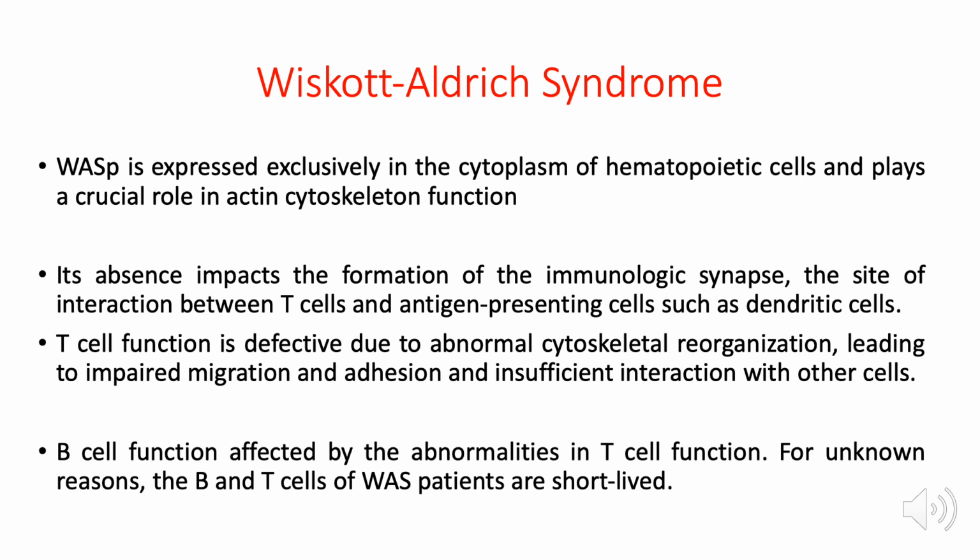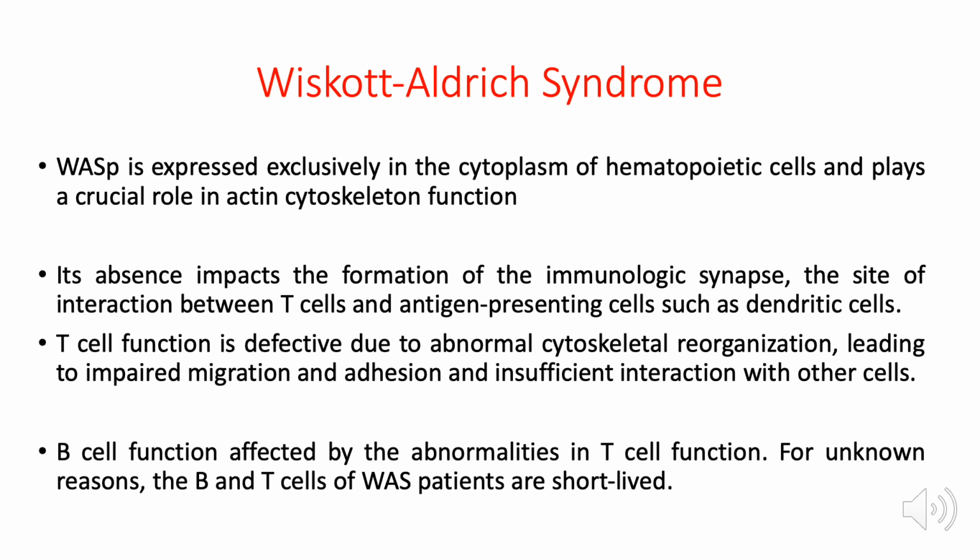Now, in individuals with this condition, their T cells have problems with organizing the actin cytoskeleton in their cytoplasm, leading to poor stability of their T cell receptor with CD3 and CD28. Thus, they will have a problem with adhering and interacting with the antigen-presenting cells.